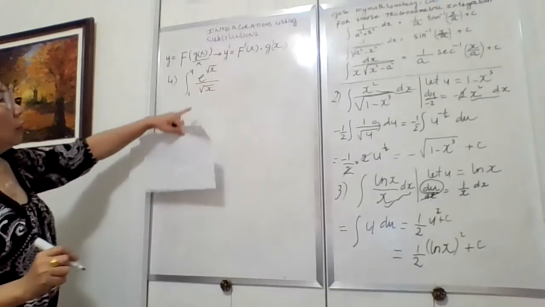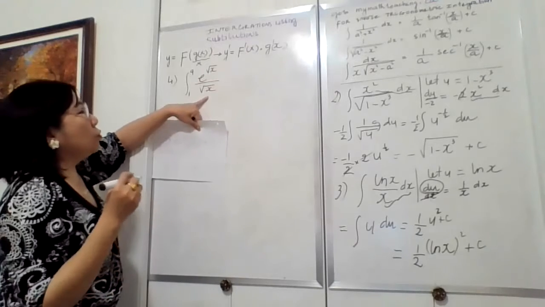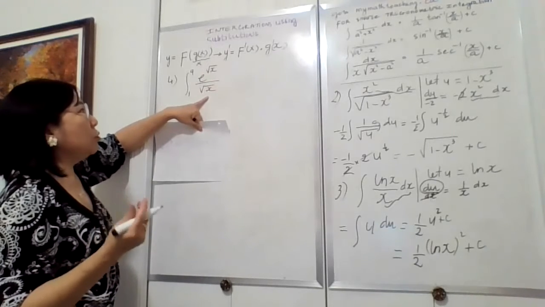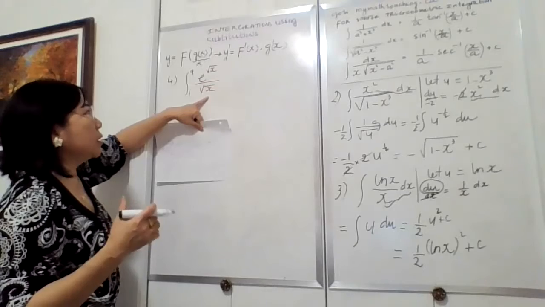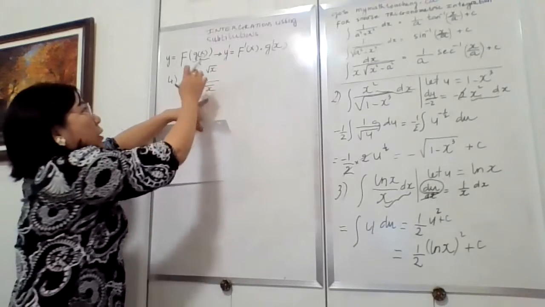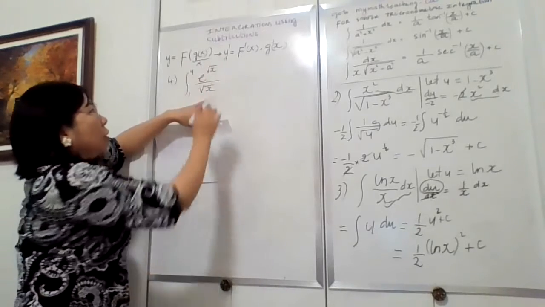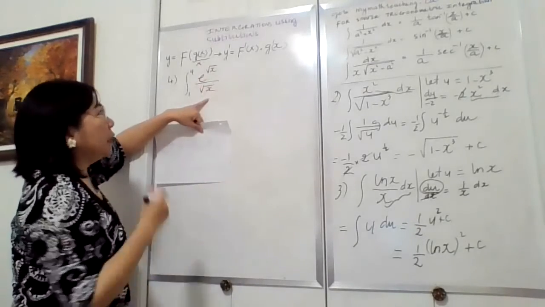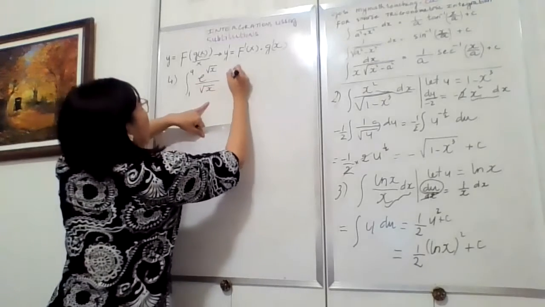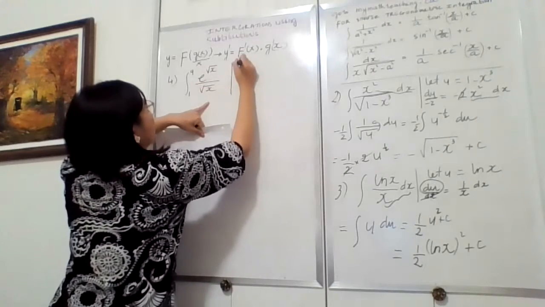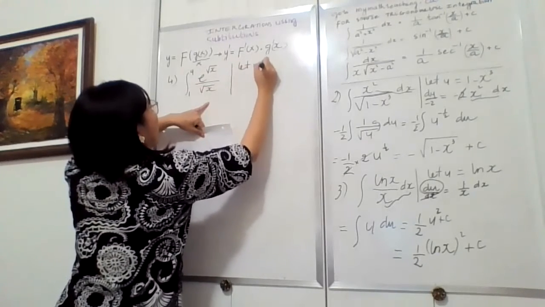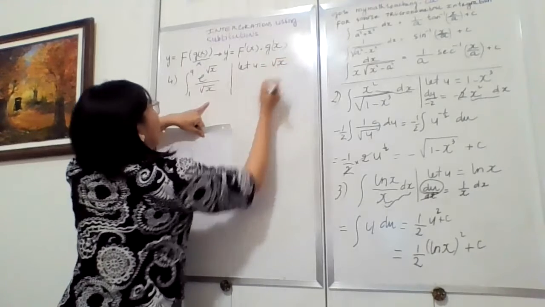So now, you can say, okay, so what do we want to say? We say let u equal square root of x. In this case, I think it's easy to say let u equal square root of x.